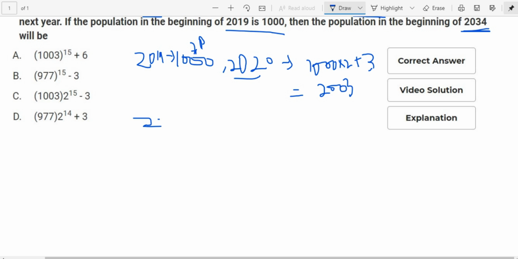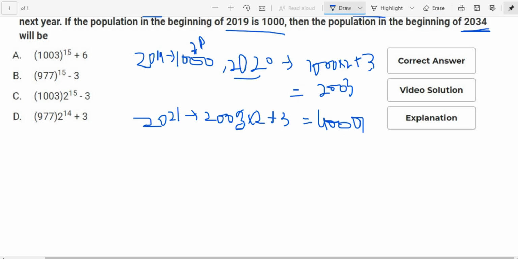And in the next year it will become 2003 into 2 plus 3. So it will become 4009, isn't it? It will become 4009.